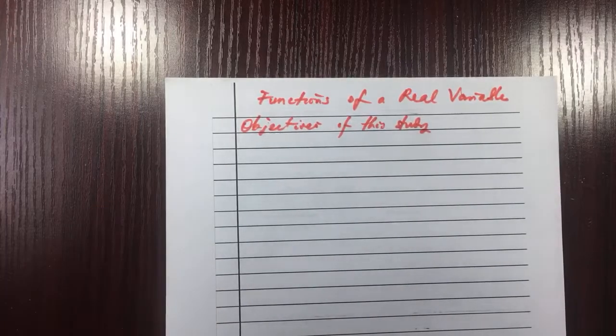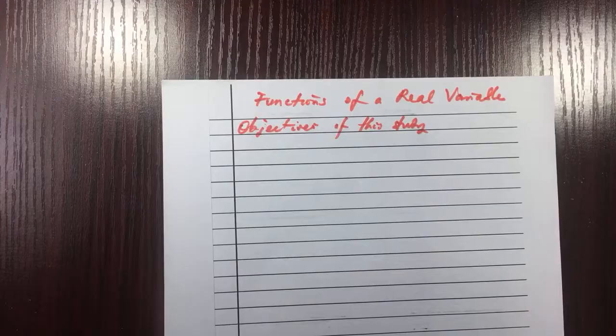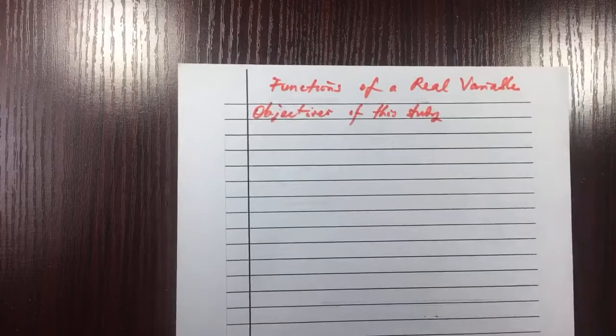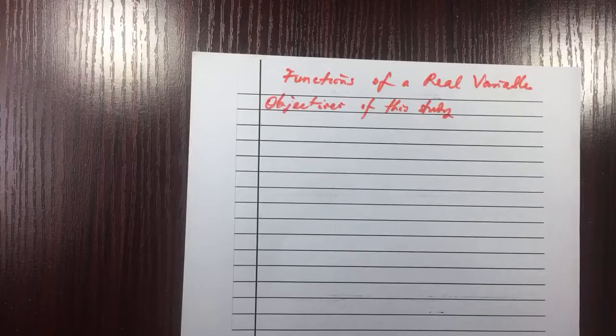In that class, we defined a mapping to be a rule of association that associates a unique element in one set to an element in another. Let's assume that there are two sets, A and B, such that one is called the domain and the other the codomain.